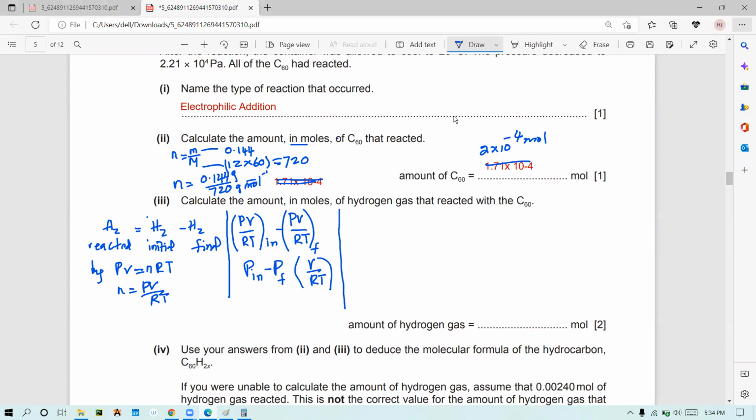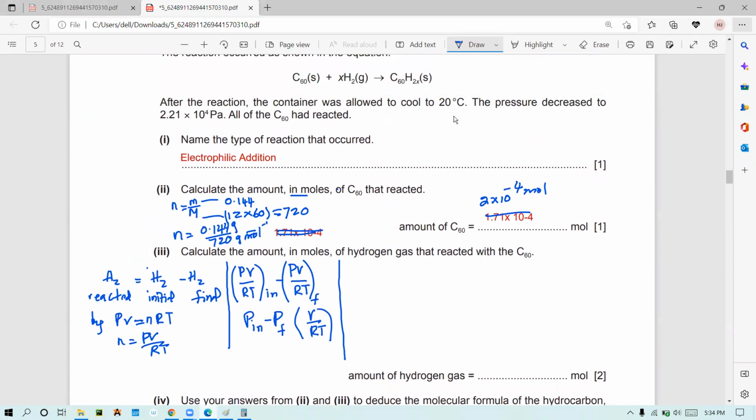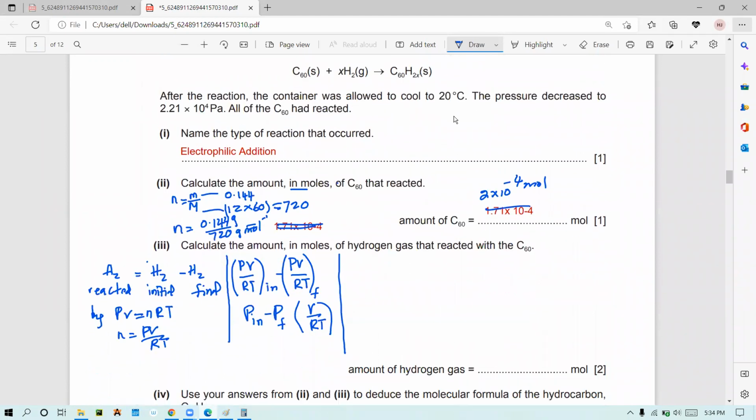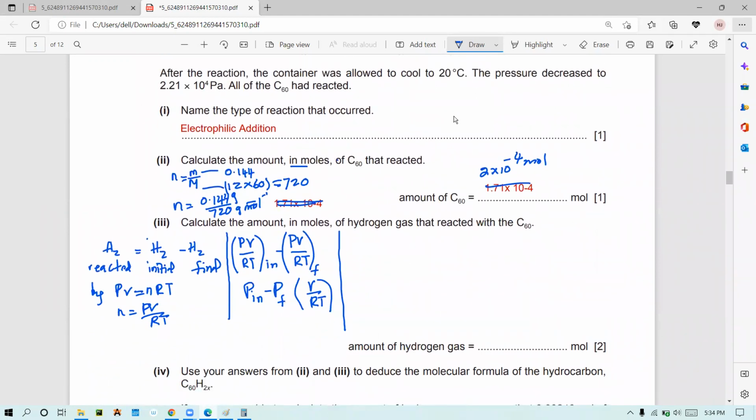Okay. Now we can write pressure initial. What is the initial pressure? Initial pressure is 10 to the power 5 Pascal. Minus final pressure is 2.21 into 10 to the power 4.